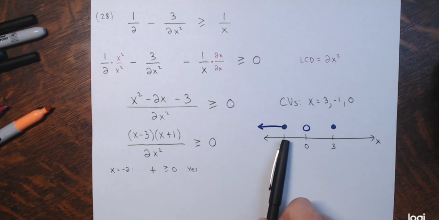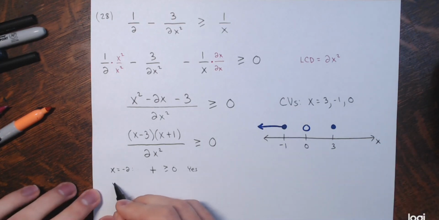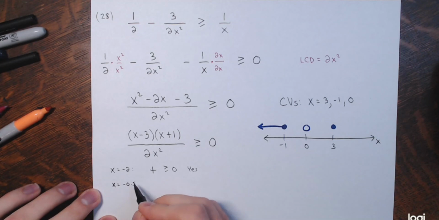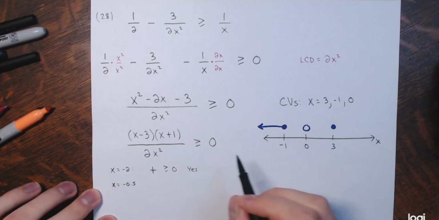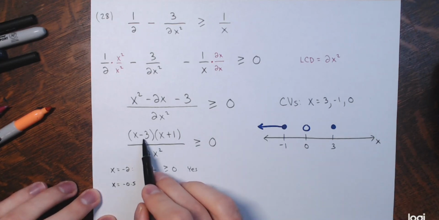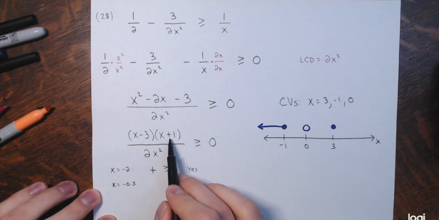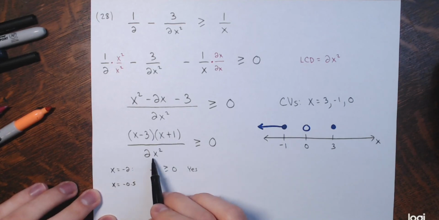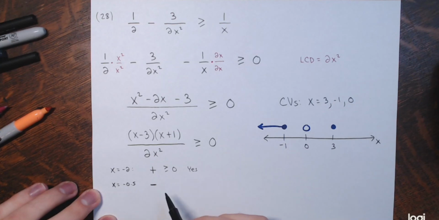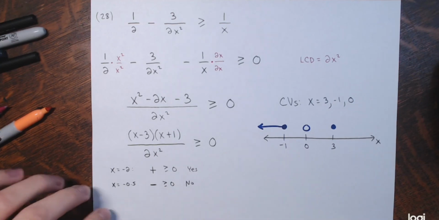But between negative 1 and 0, a nice number there would be negative 0.5, negative 1/2. You'd have a negative times a positive. You'd have a negative numerator and a positive denominator. You would have a negative number on the left. And is that greater than or equal to 0? No, it's not.